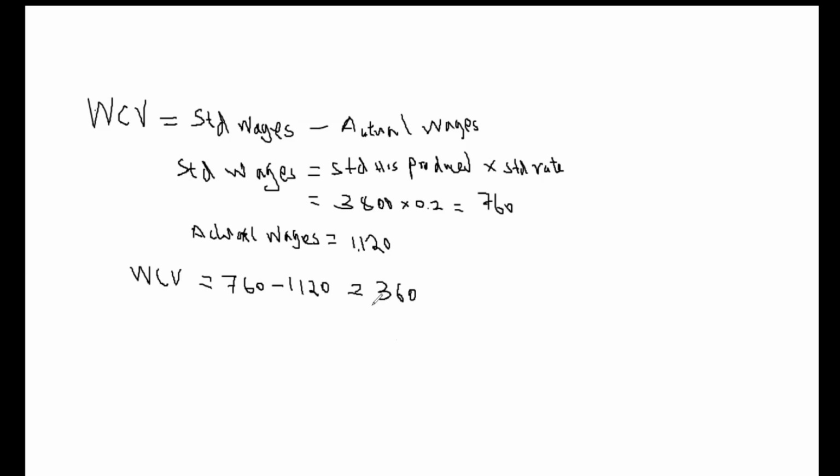Now 360 is negative. What does that mean? Is it favorable or unfavorable? Unfavorable. It's unfavorable because it's negative, isn't it? This is greater than this, so when you deduct this from this, you get a negative. So a negative means unfavorable.